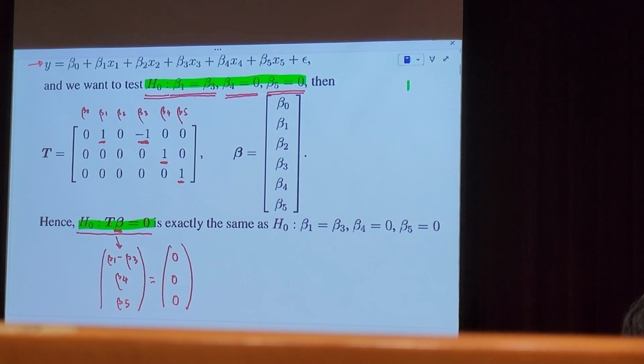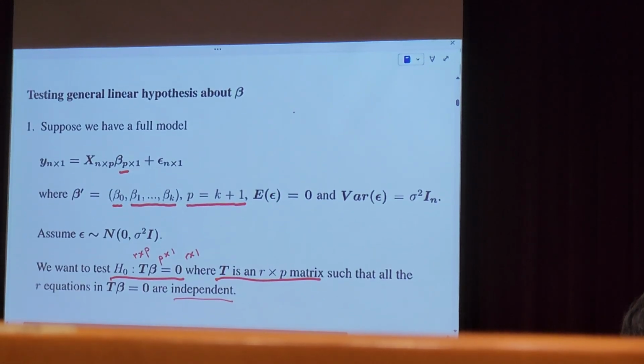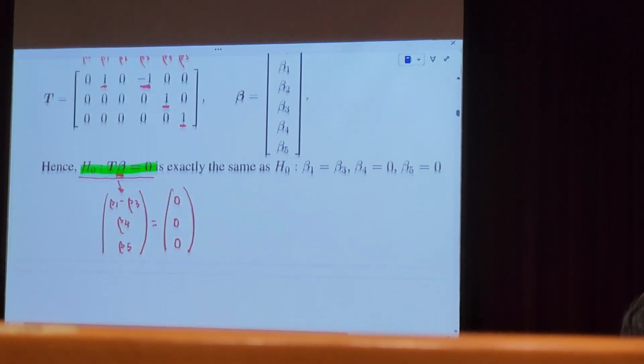That's why this topic is called general linear hypothesis about beta. General means it can be anything, but it has to be linear. Alright, so that's what we have now.